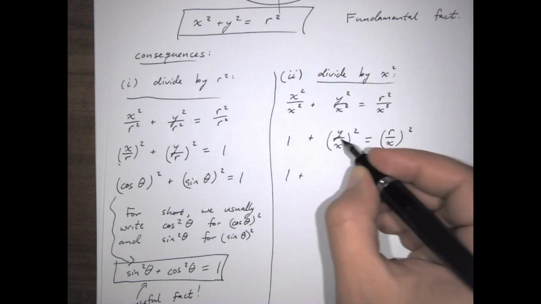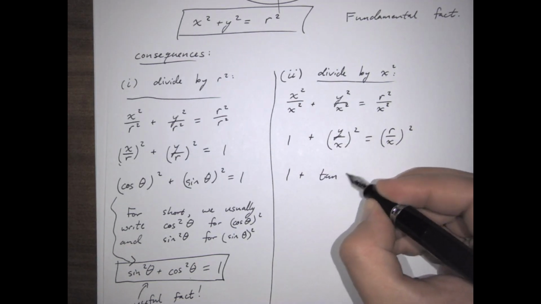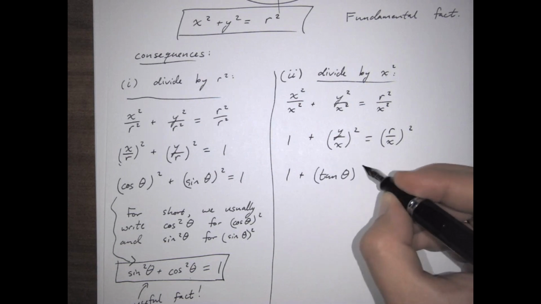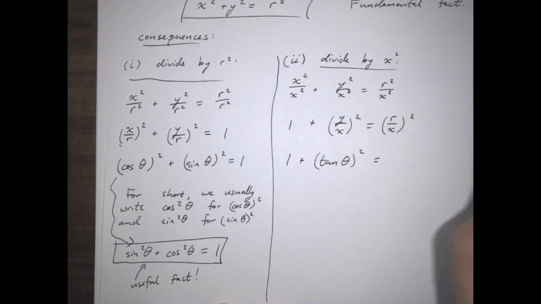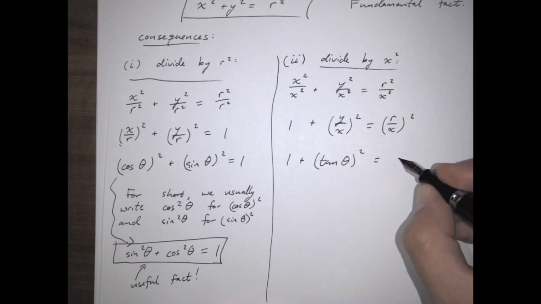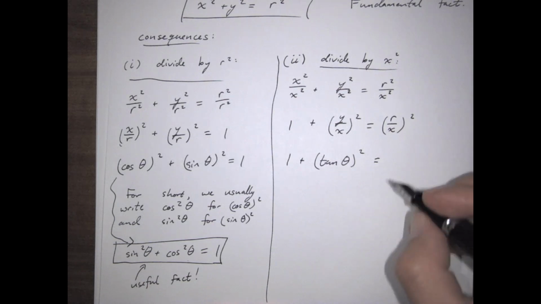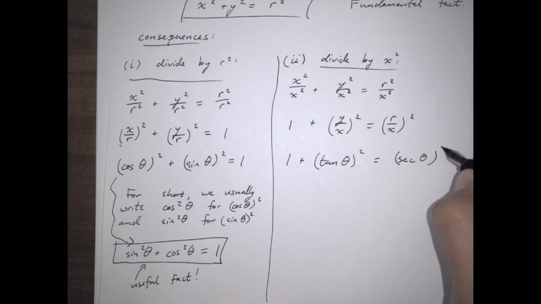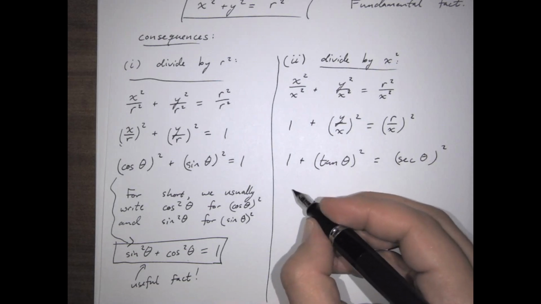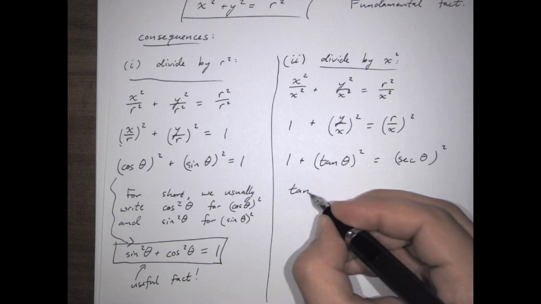So 1 plus, now let's remember what's y over x, that's tangent. And over here, r over x, if it had been x over r, that's known to be cosine, so this is the reciprocal, which makes it secant. All right, so then this we can rewrite in the ways that are more familiar to see.